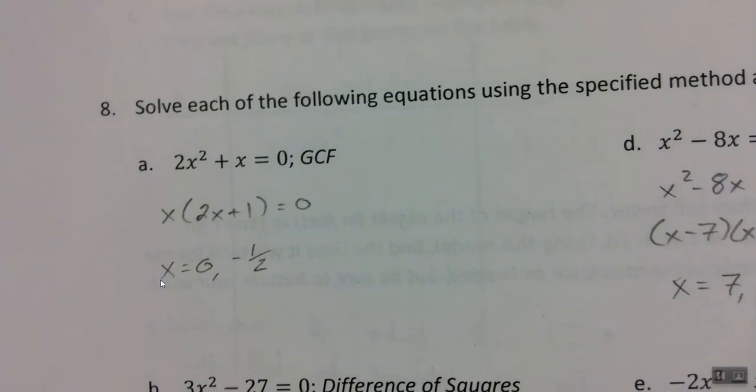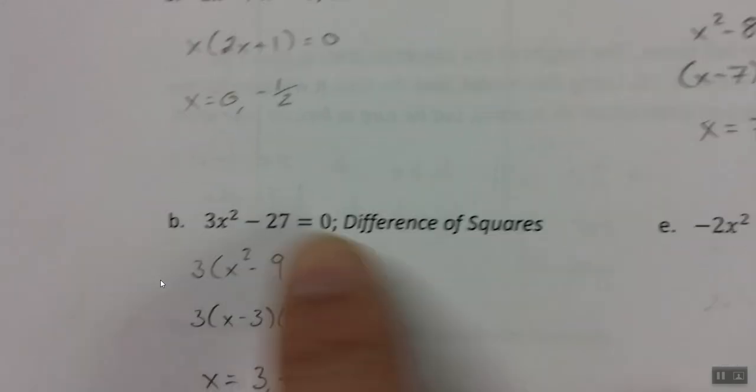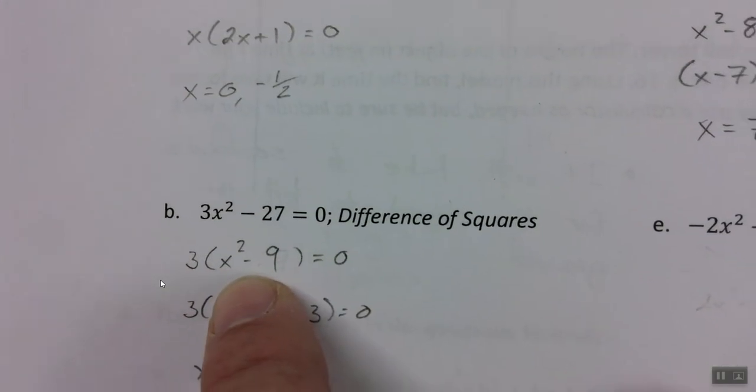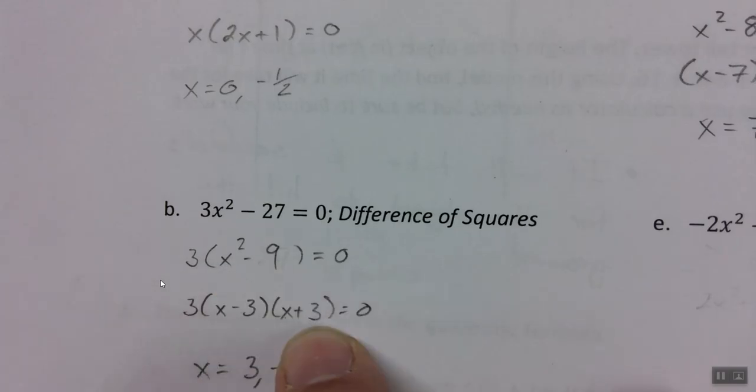Okay. All right. On B, I told you to use the difference of squares. Can you use it immediately? Not quite. But the good news is that before you do a difference of squares, you're always going to check for something else first. What goes into 3 and 27? Hey, here's a 3 factored out. It leaves us with this wonderful difference of 2 squares, which factors as x minus 3 and x plus 3.